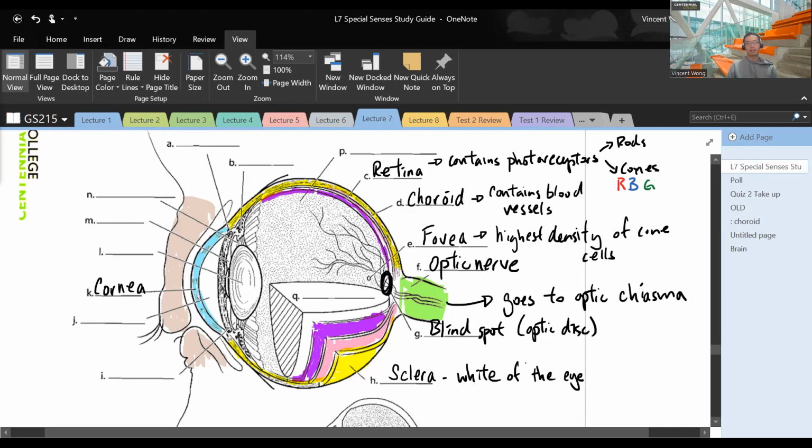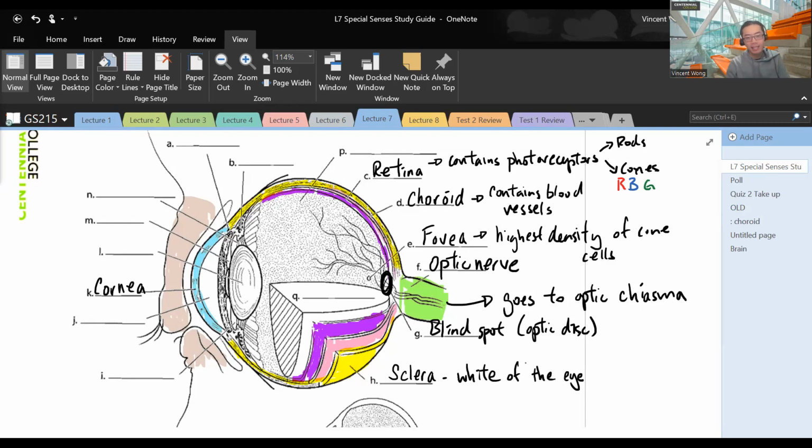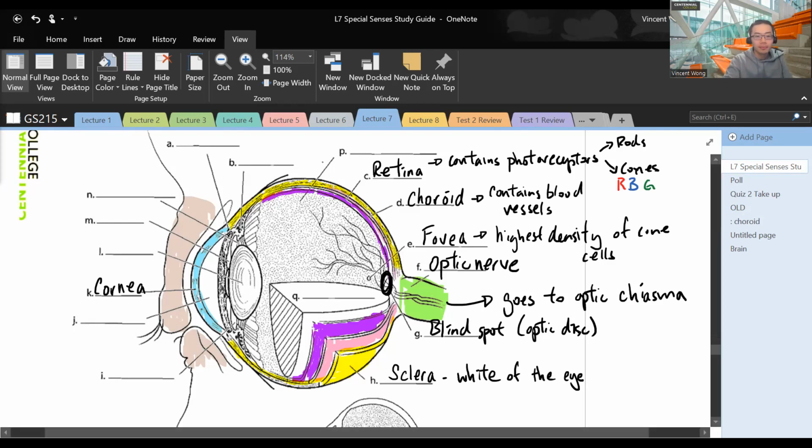You can't see anything at that spot. Fortunately, the blind spot of the right eye is compensated by the left eye, and vice versa. So if both of your eyes are open, you have no blind spot. It's only when you close one eye that there's going to be a blind spot, and we'll try to find your blind spot in next class.